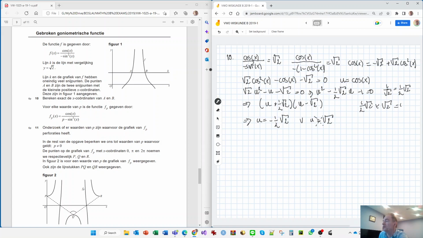So I have as solutions the cosine of x equals minus 1/2 square root of 2.